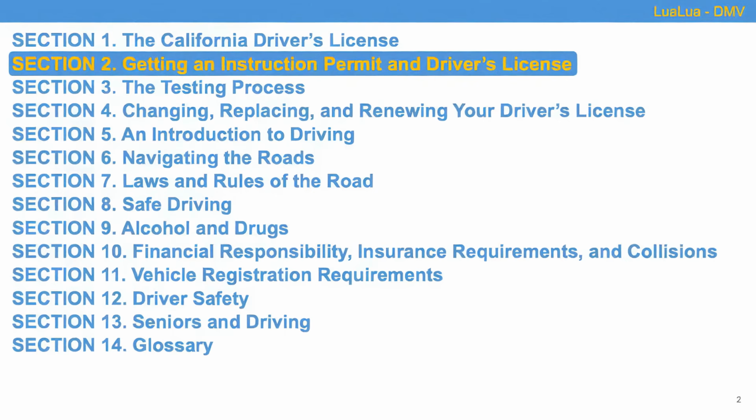What you need. To apply for an instruction permit or driver's license, you must provide proof of identity, proving who you are, 2 proofs of residency, proving you live in California. Exceptions may apply. Legal full name document, proving your current name if the name on your identity document and application do not match.